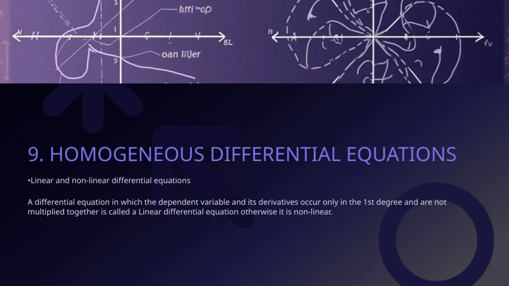In simpler terms, these equations often have a form that allows us to make a substitution, which simplifies solving the problem. Recognizing whether an equation is homogeneous is important because it guides us toward the most effective method of solving it. This concept ties into our overall goal of understanding different types of differential equations and their solutions.